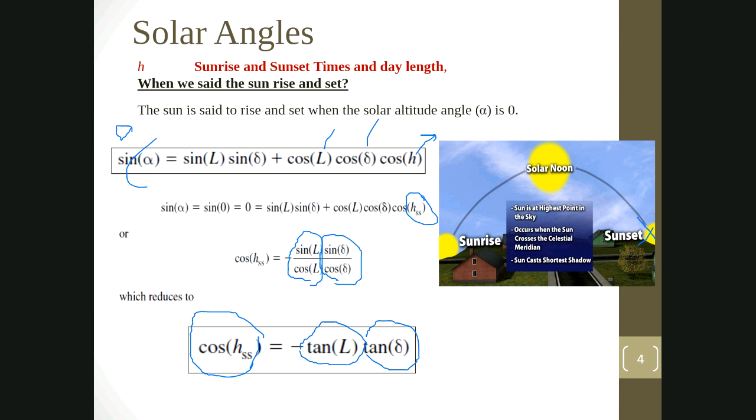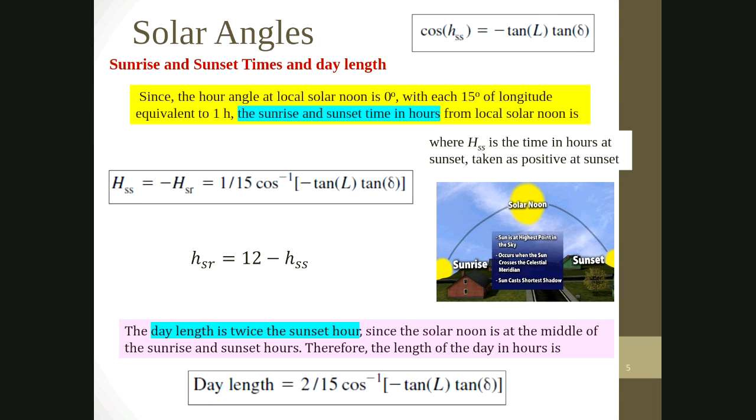Here H_SS is represented as an angle, in degrees. If I want it represented in terms of hours, remember that we said the solar noon is at 0 degrees, when we talk about the imaginary lines that the Earth's surface is divided into.